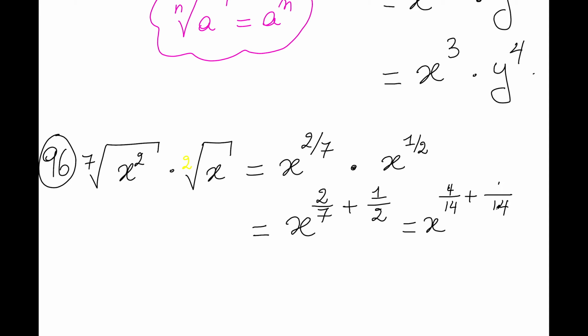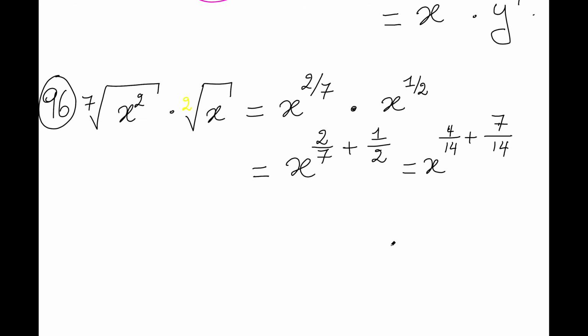To pass from 2 to 14, multiply by 7. If you multiply by 7 downstairs, you gotta also multiply by 7 upstairs. And 1 times 7 is 7. Okay, now we have a common denominator. So we have x to power 4 plus 7 over 14, which is simply x to power 11 over 14.